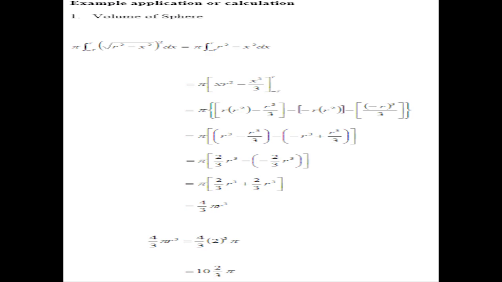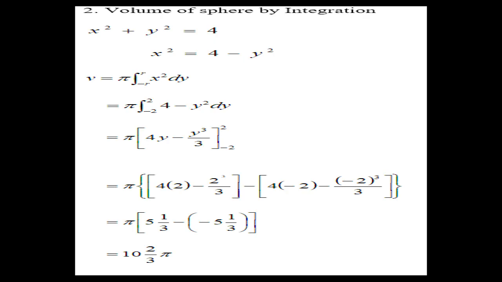We use two calculations to calculate the volume of a sphere. First, we use 4/3 pi r cubed to calculate the volume of the sphere. Then we get the answer, which is 10 2/3 pi. The second formula is the volume of a sphere by integration.